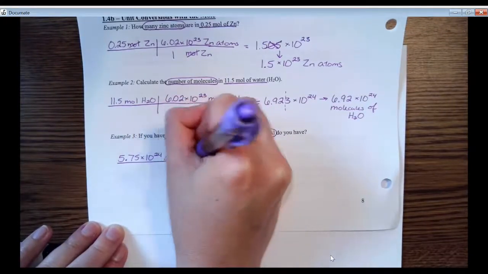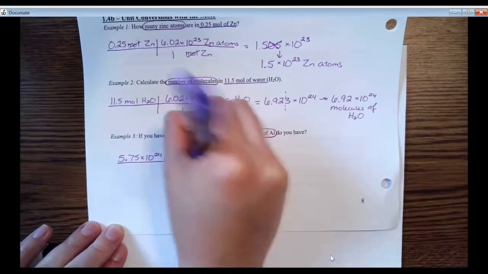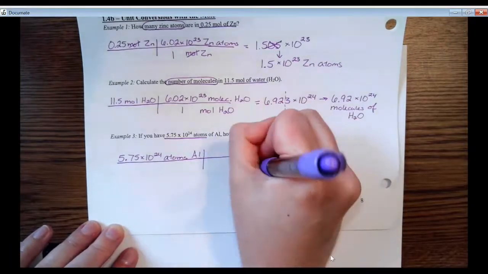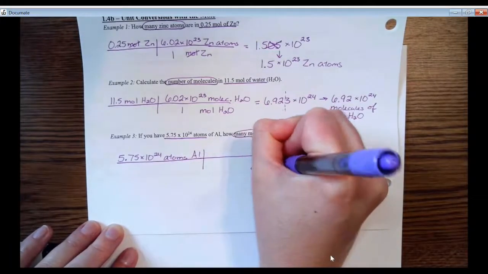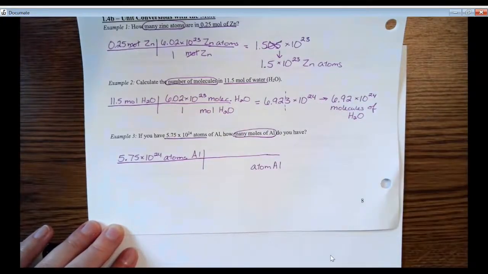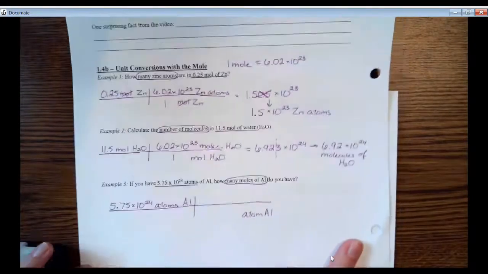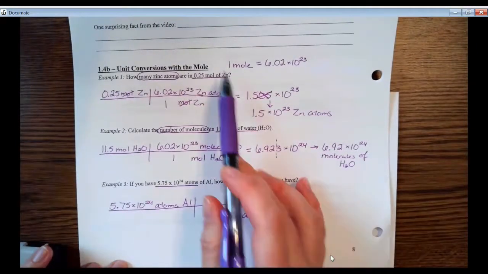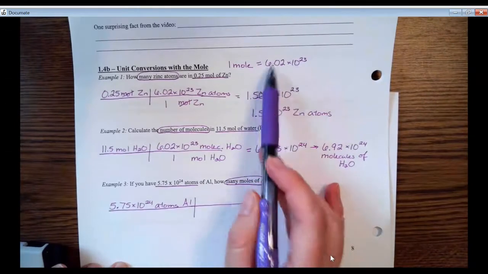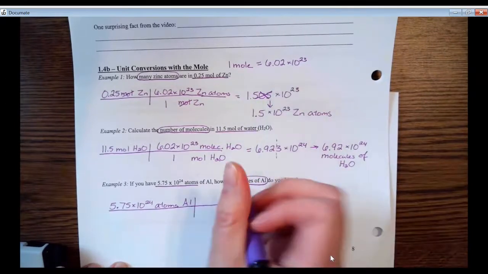of aluminum. Okay, if we have atoms of aluminum up top, we know we need atoms of aluminum on the bottom. So if we think about our conversion factor here, 1 mole is equal to this many things. Well, in this case, this Avogadro's number is going to be describing the number of atoms.